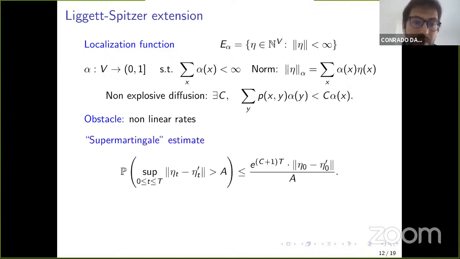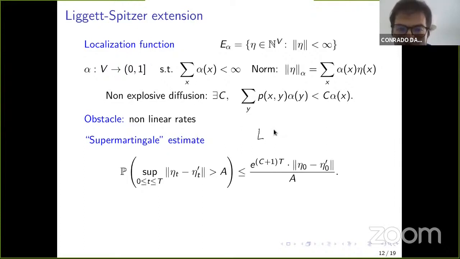But there is a way out, and it is a super martingale estimate. The construction is based on what we call a Lyapunov function. It's not to determine recurrence or transience, but is just a function that examines the total mass of the system, or the distance between the evolution of these alpha norms.